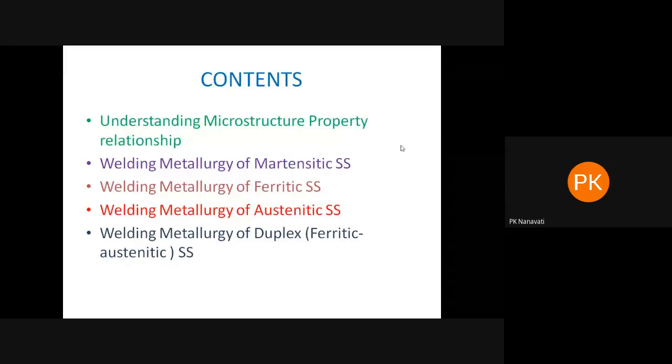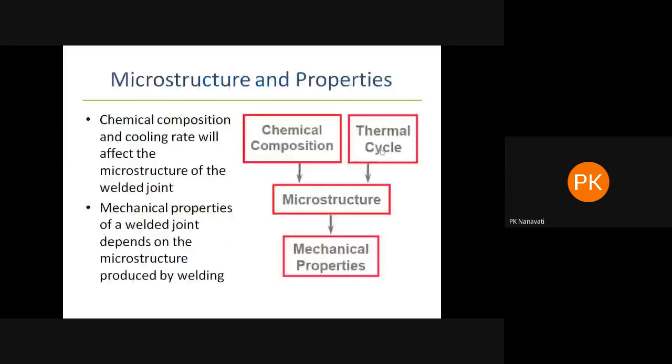But considering the time of an hour, I think I can barely touch austenitic and ferritic duplex stainless steel. If time permits, I will definitely be ready to give insights or technical inputs on the ferritic and martensitic stainless steel as well.